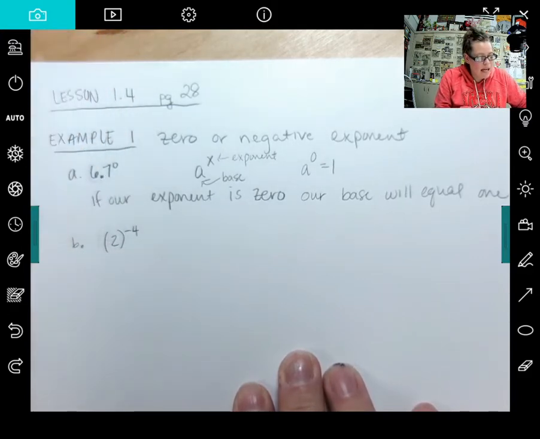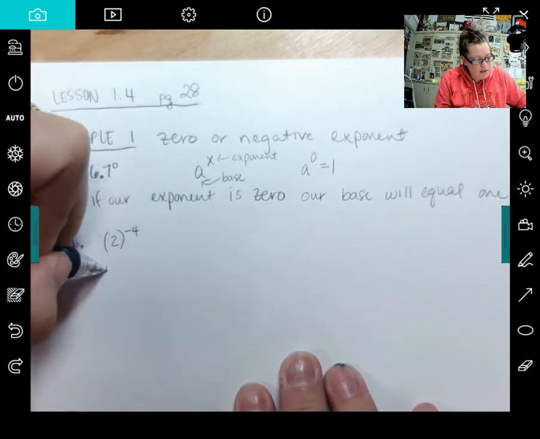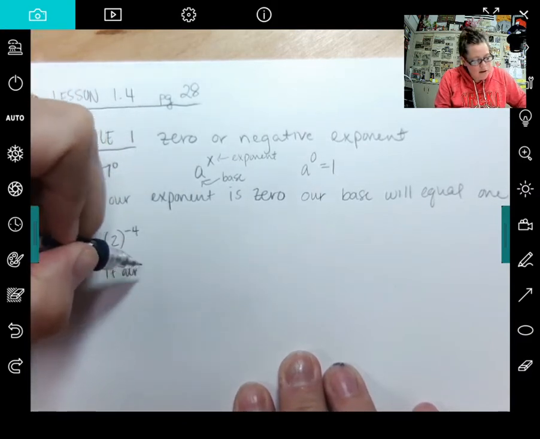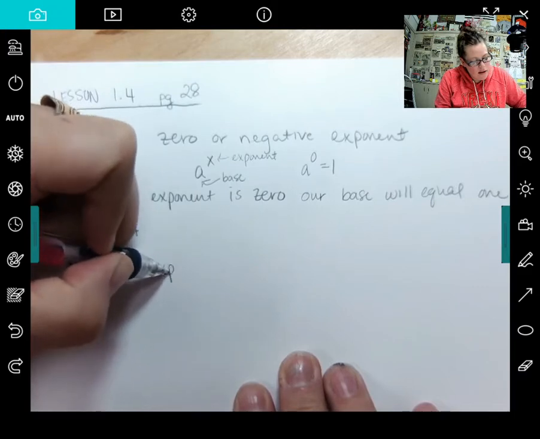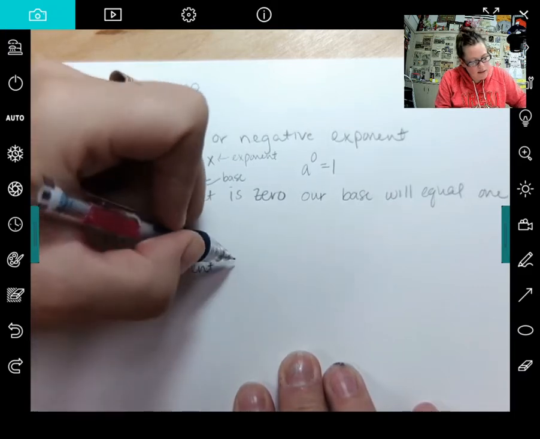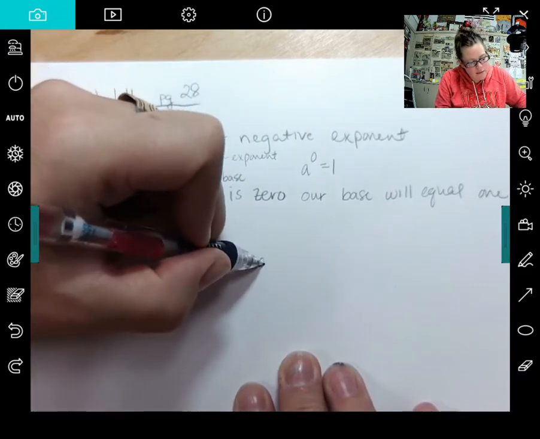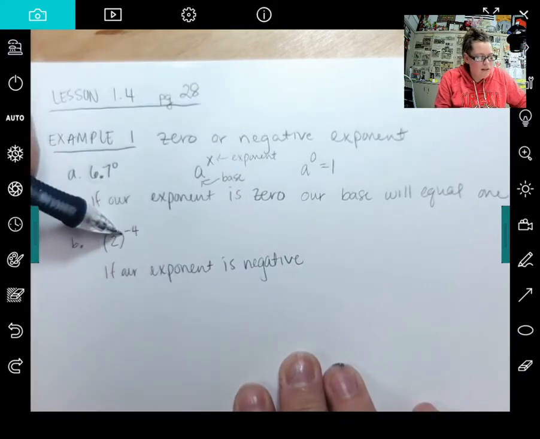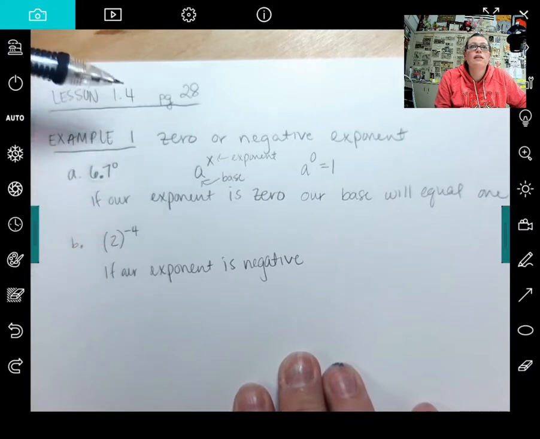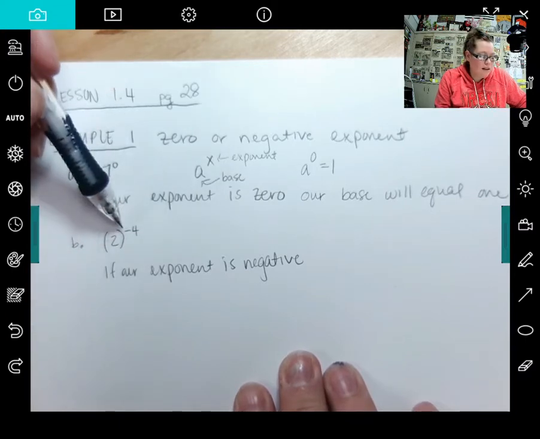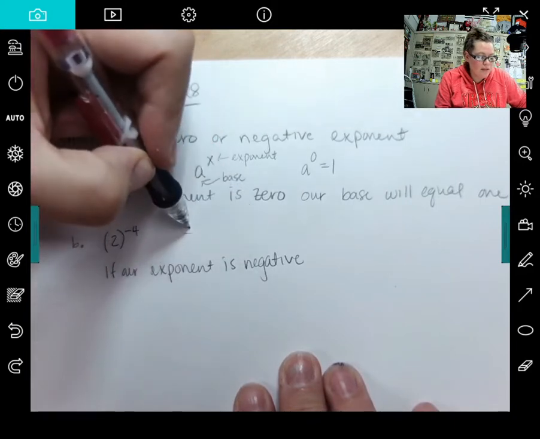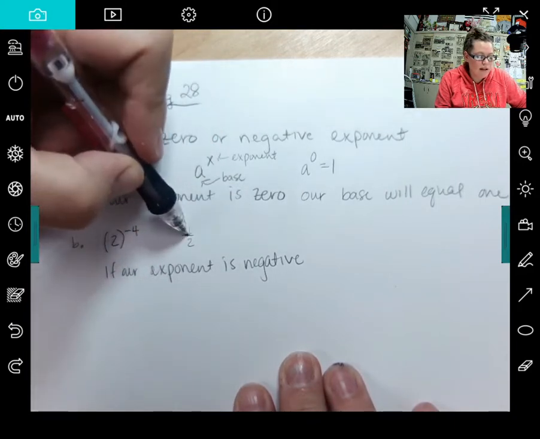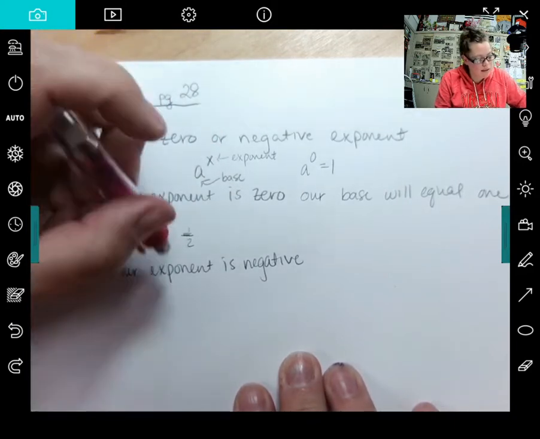Whenever we have a negative exponent, don't fear. If our exponent is negative, just think of this as a fraction. Think of that negative symbol as the fraction, like if we had 1/2, that negative is just that line in between the two numbers.